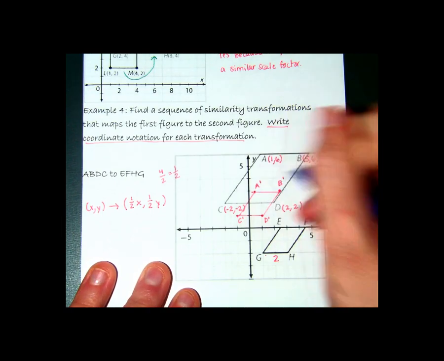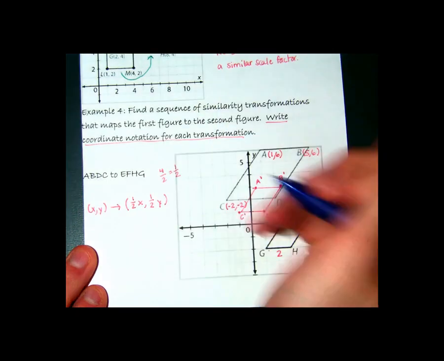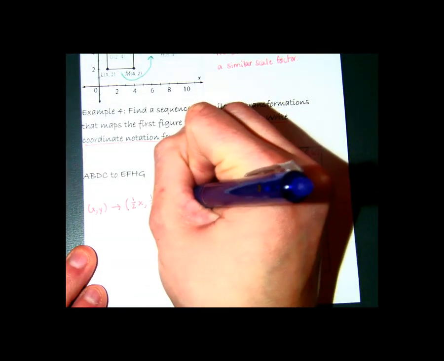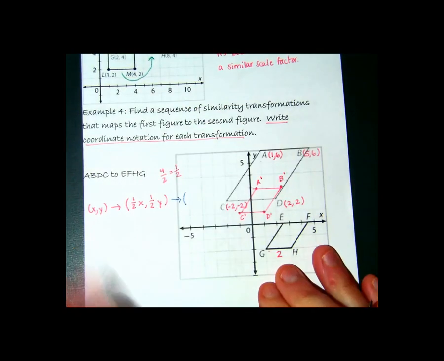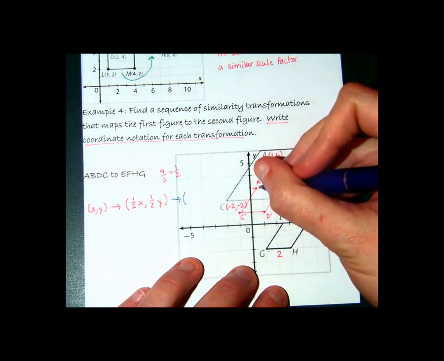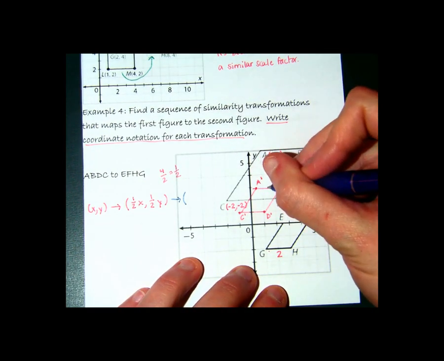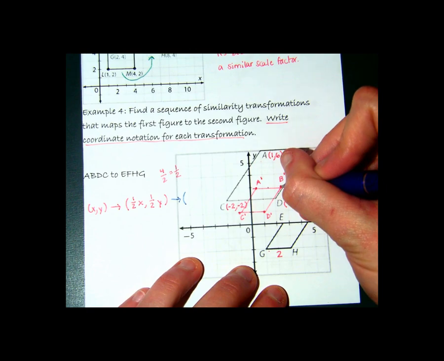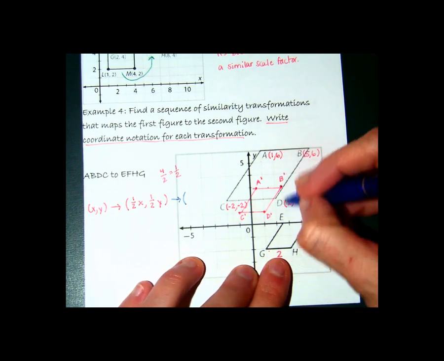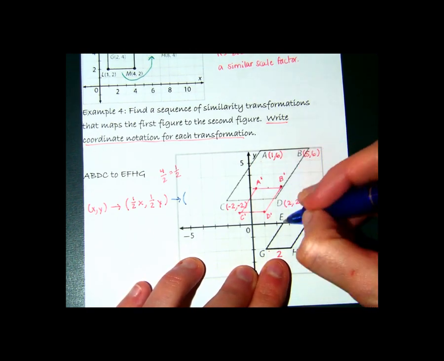Let's think about our x values. I'm going to keep writing right here. I'm going to need to move my point 1, 2 points. I need it to be right here. I'm going to have to move A 2 points to get it where E is.